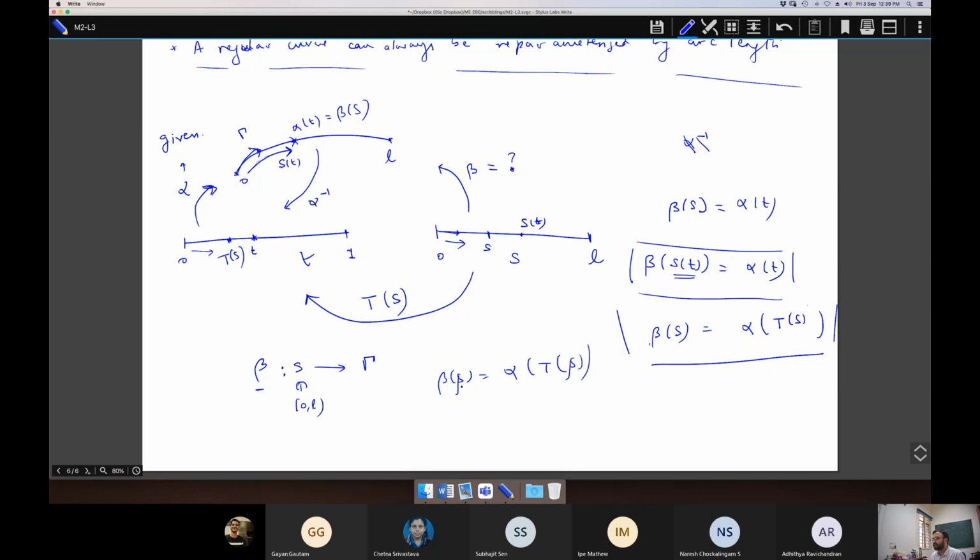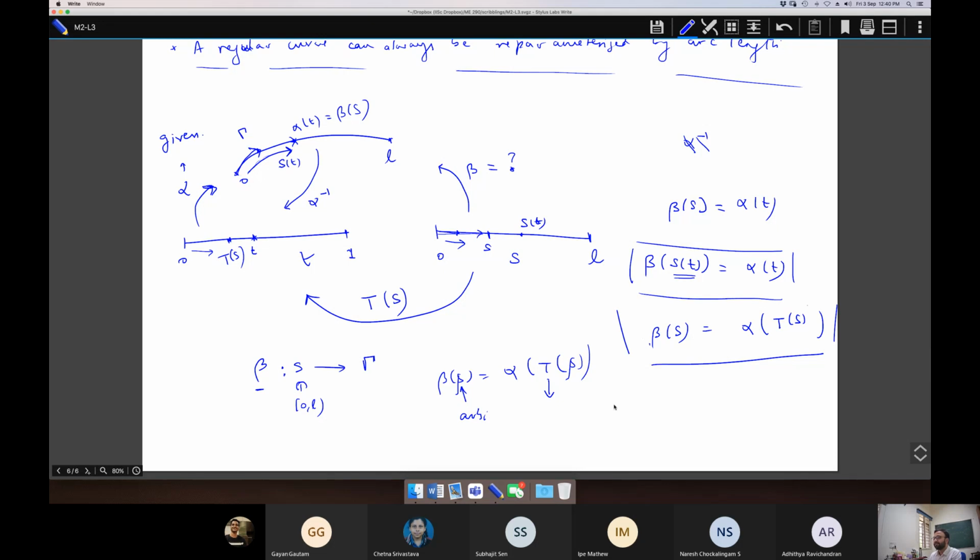What do we get to choose here, S or T? S is arbitrary, right? We can go however far we want along the S axis. Is this mapping T known or unknown? Unknown.